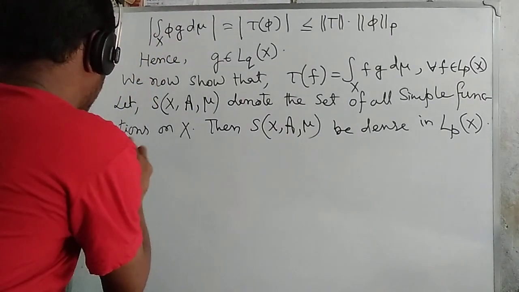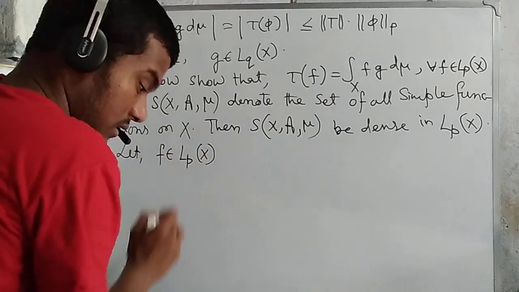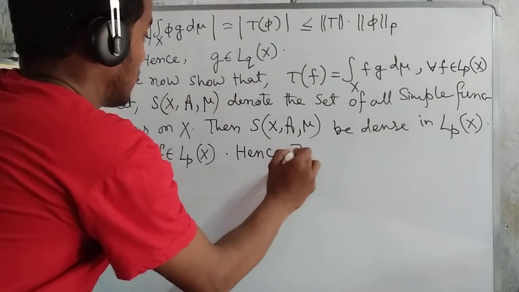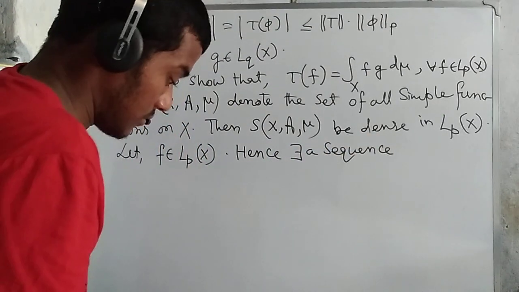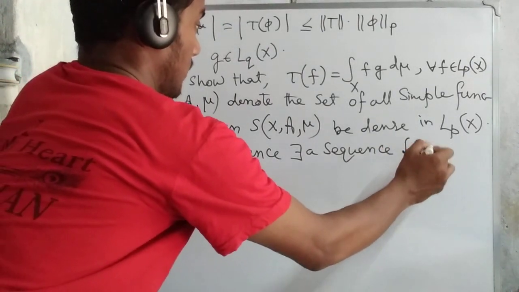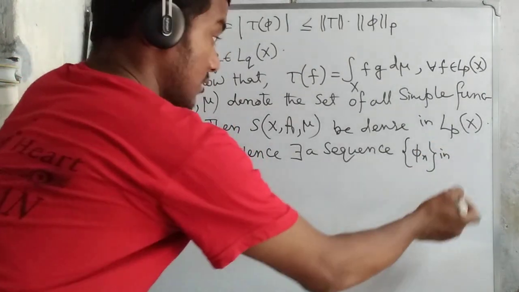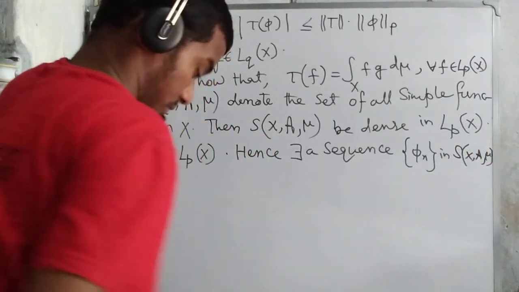Let f belong to L^p(X). Hence there exists a sequence phi_n in S(X, F, mu).